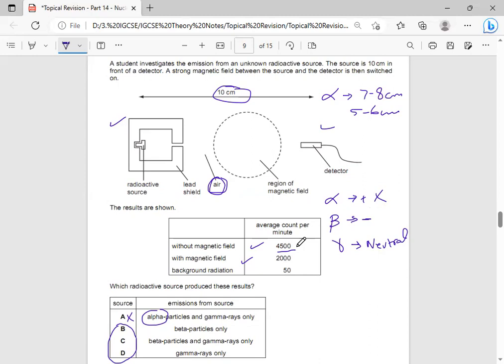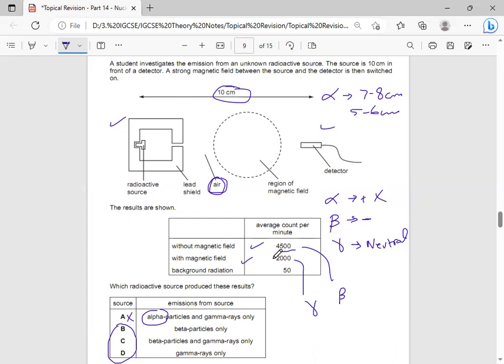2500 represents the beta particles, which in the presence of the magnetic field have deviated or deflected. And the remaining values show the presence of gamma rays.